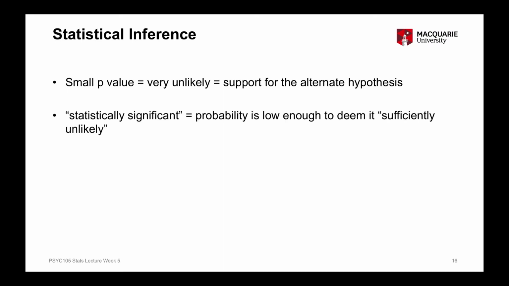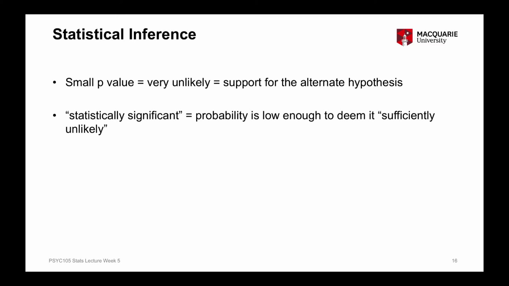For us to conclude that we have a statistically significant result, the p-value, the probability of the null hypothesis being true, needs to be small enough, low enough for us to deem it sufficiently unlikely. And what that actual cutoff point is, you'll see in a couple of slides' time.